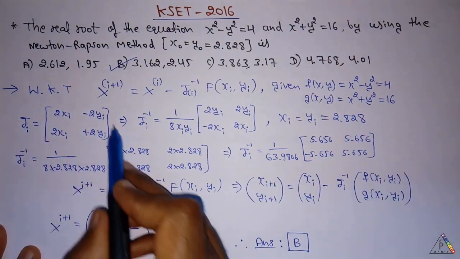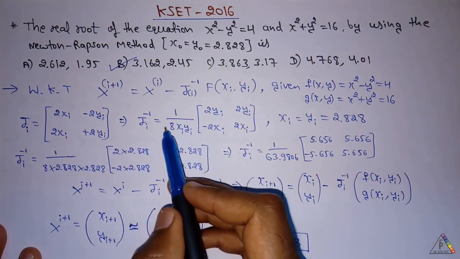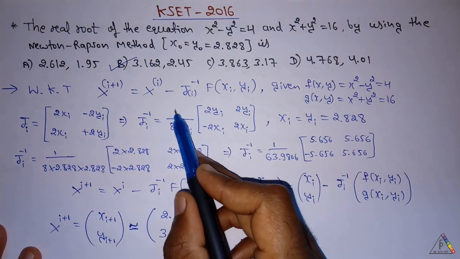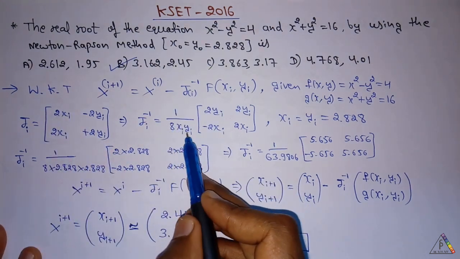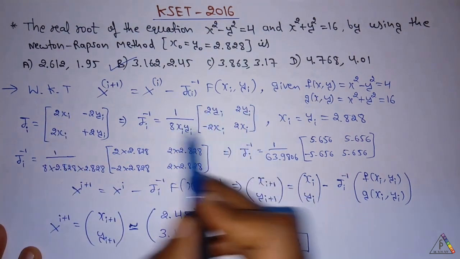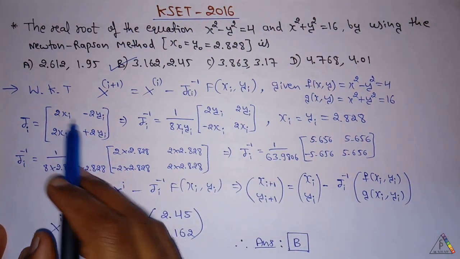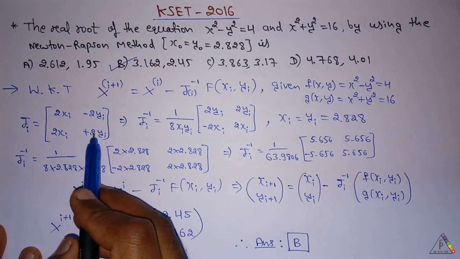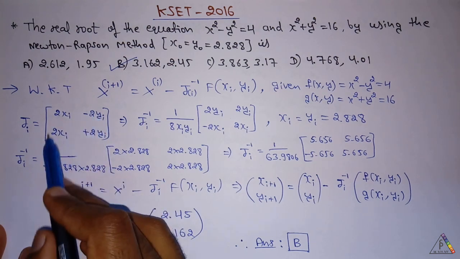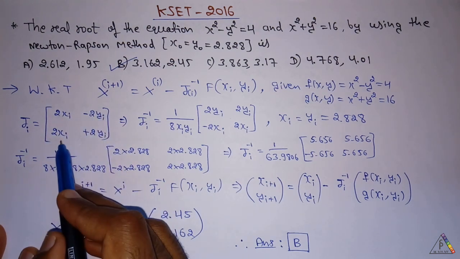And finding the inverse of this matrix, J inverse is equal to 1 divided by determinant of this matrix and the adjoint of this matrix. To take the adjoint, reverse the diagonal elements and change the sign of the non-diagonal elements.